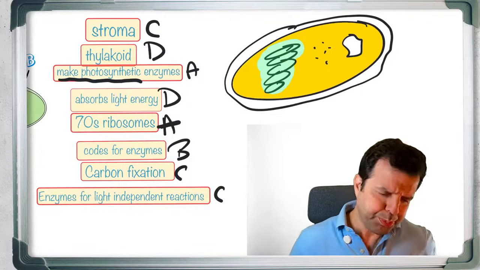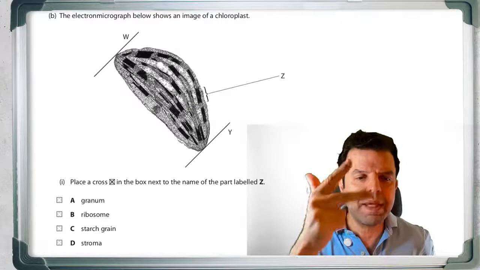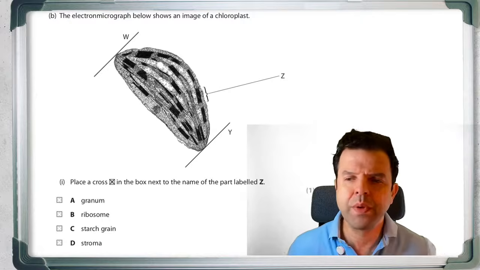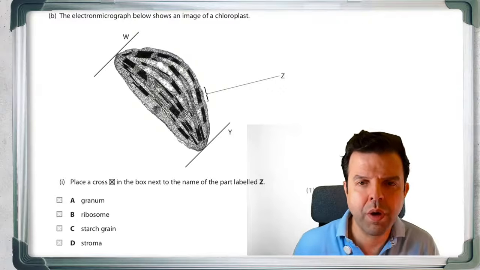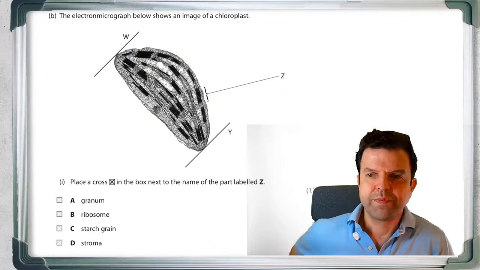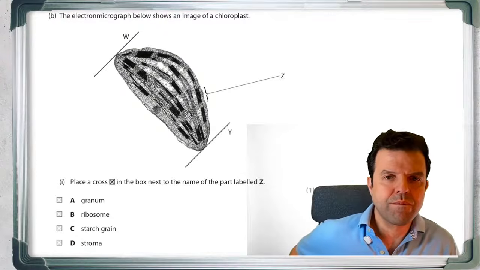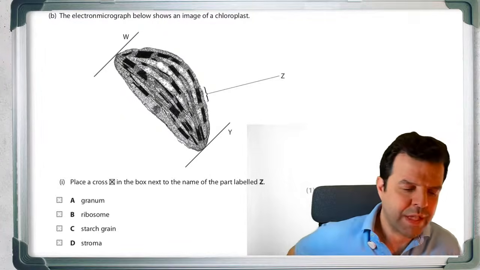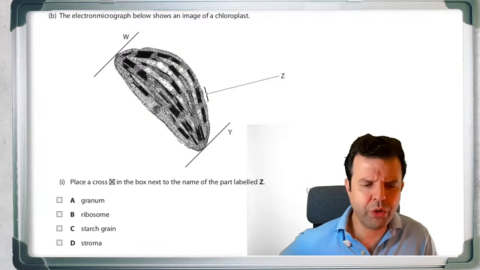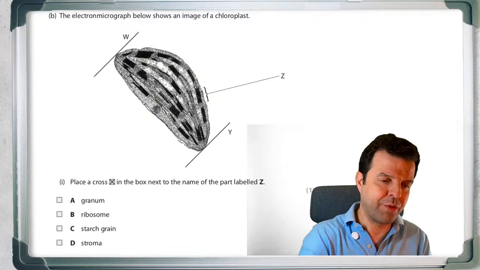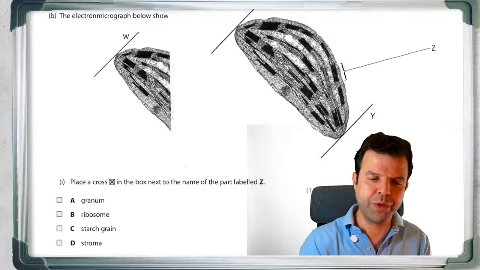Okay? Quick question. Can you guys answer this A, B, C, or D? Tell me, what do you think is the correct option? They are asking you about Z. So what do you think Z is? I can magnify it, zoom in to show you what Z is. You can see it on your phone.